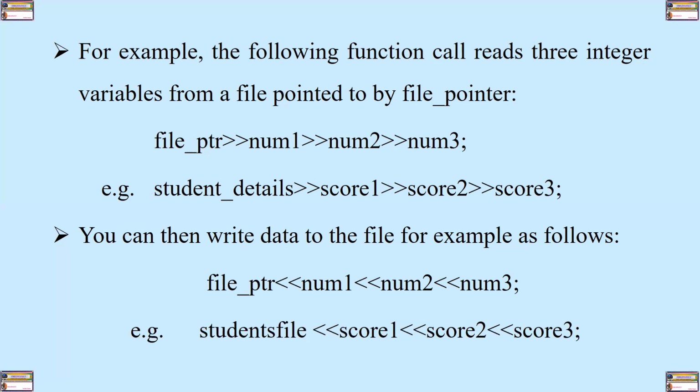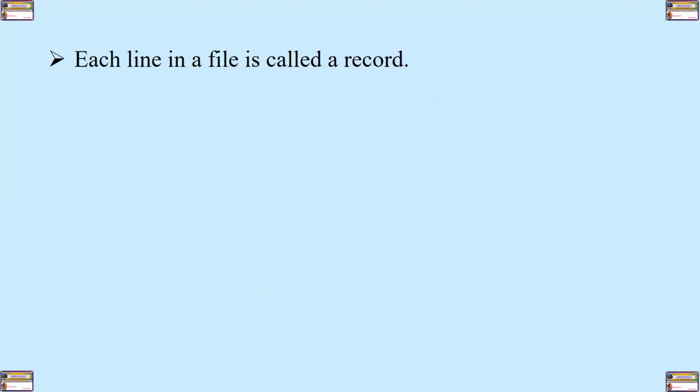For example, students file: this statement means read or write score 3, score 2, and score 1 into the file that is pointed to by the file pointer called students file.